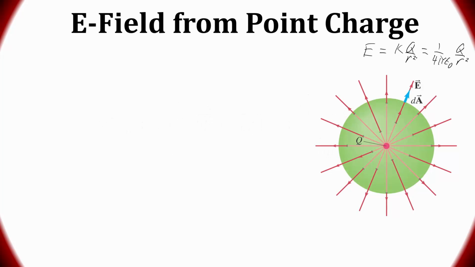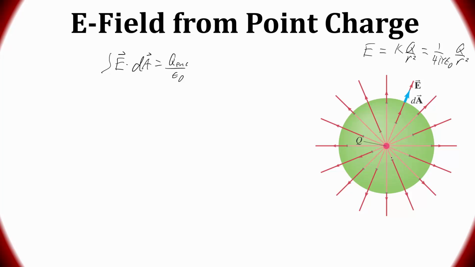Alright, so we're going to look for this, and if we apply Gauss's law, we can say the integral of E dot dA is equal to Q enclosed over epsilon naught. And in this situation, I've just got a charge Q, and I want to know the electric field at any distance from that charge. So I can choose a surface. That's what this green thing is. That's what we call a Gaussian surface.